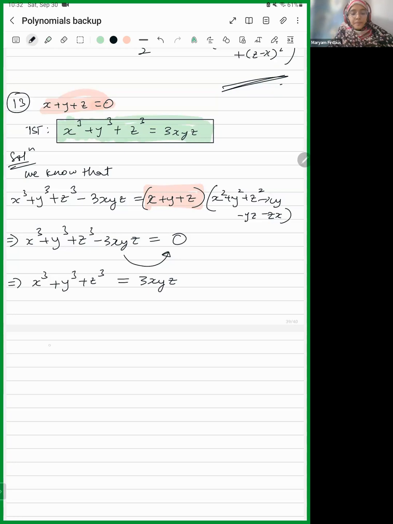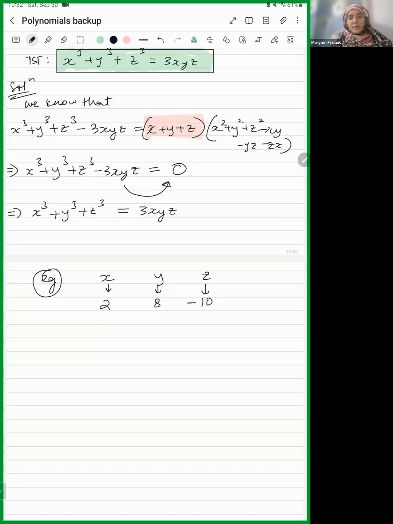For example, you have three numbers x, y, and z. Let's say your x is 2, your y is 8, and your z is minus 10. These are your three numbers.